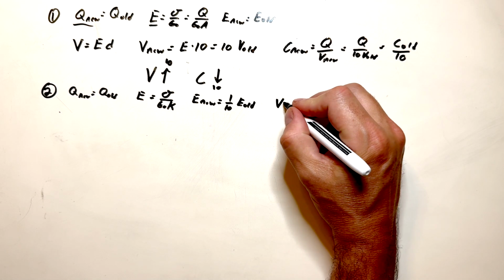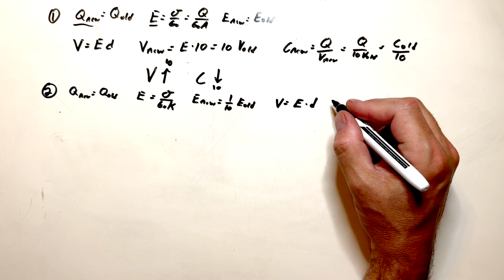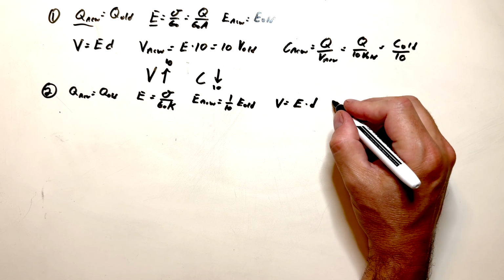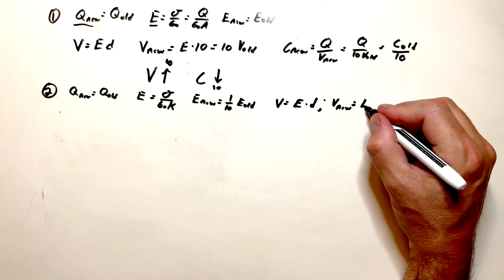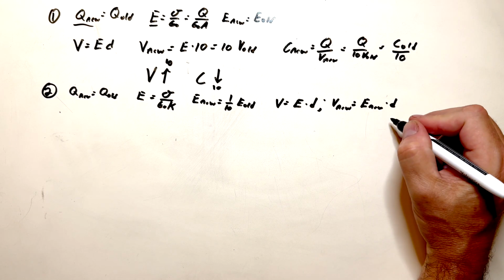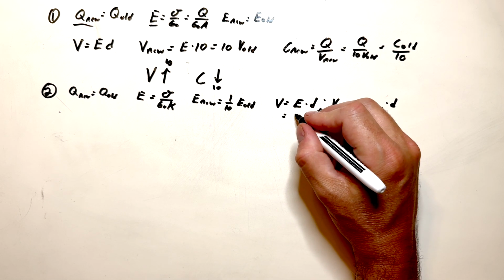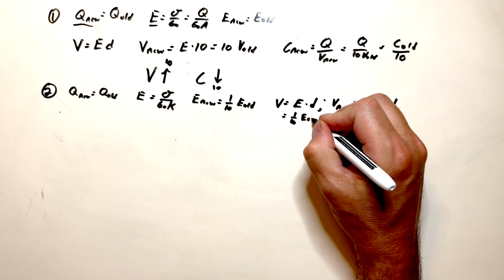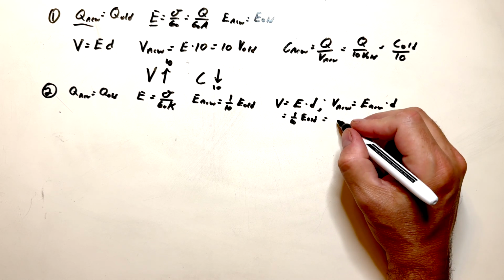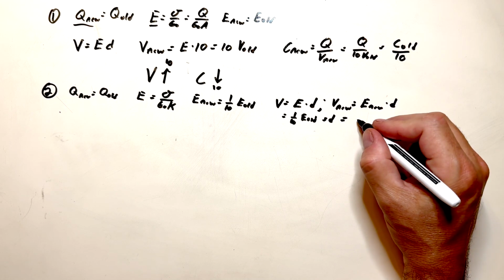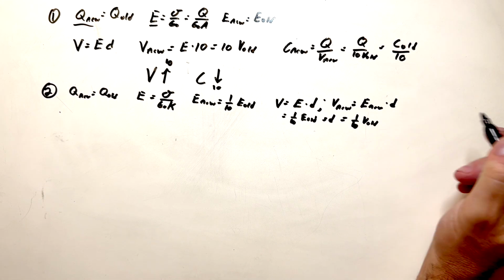The potential, V, is equal to E times d, with d constant, so V new is equal to E new times d, which is equal to 1 over 10 E old times d, which is equal to 1 over 10 V old.